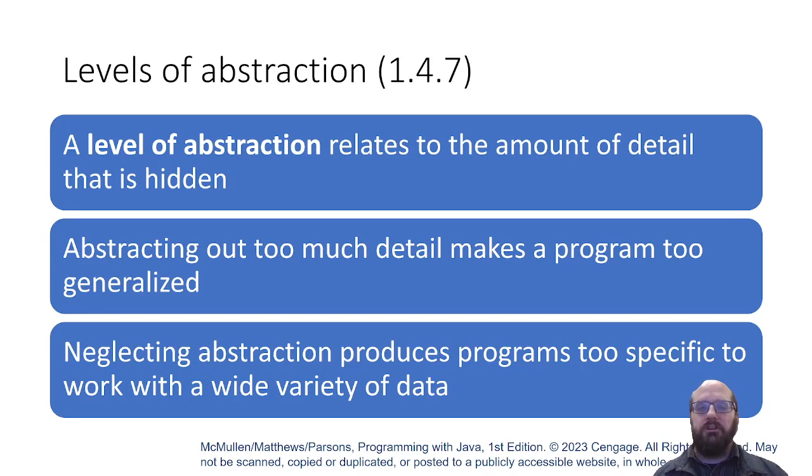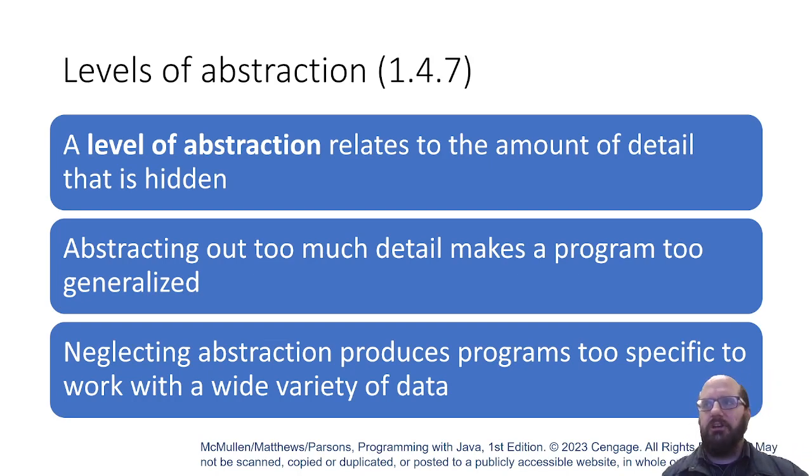A level of abstraction relates to the amount of detail that is hidden. Abstracting out too much detail makes a program too generalized. And I'll show that visually in a little bit.